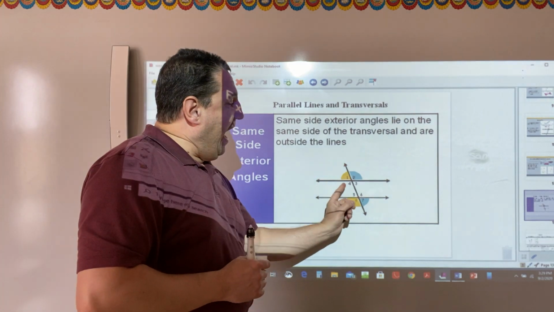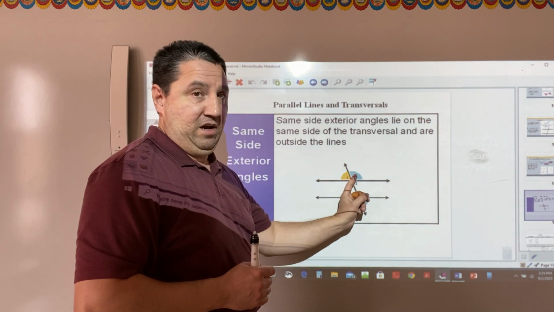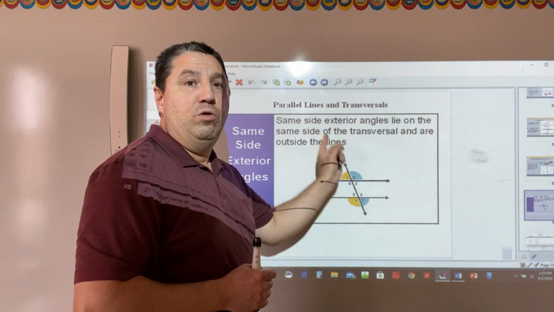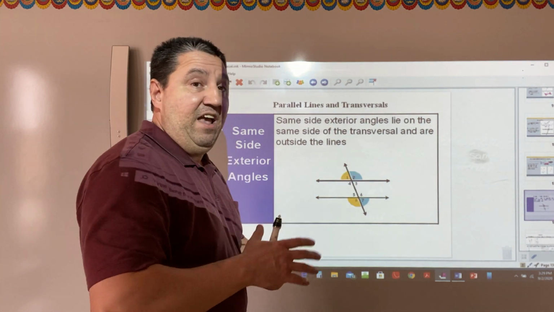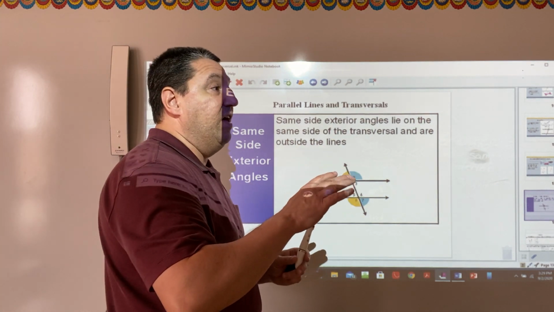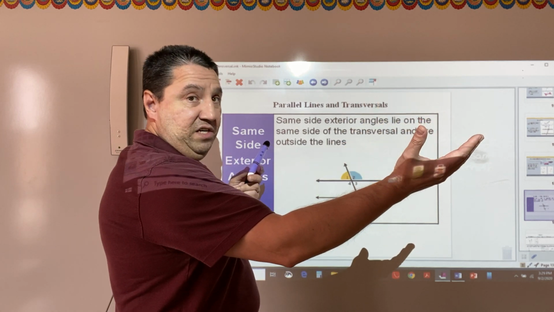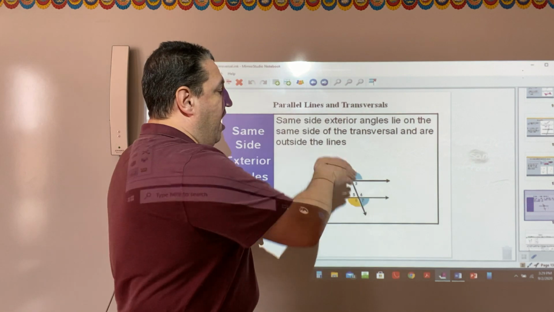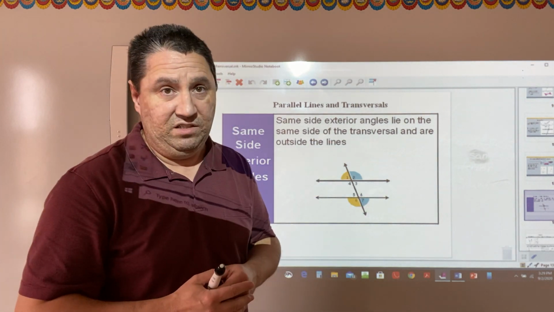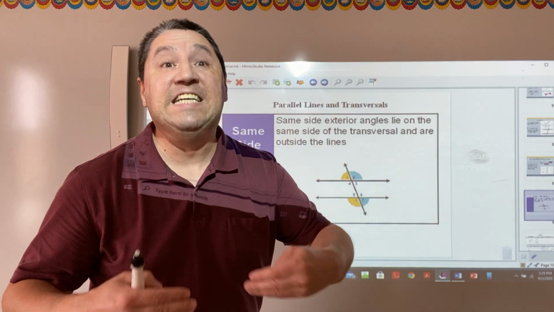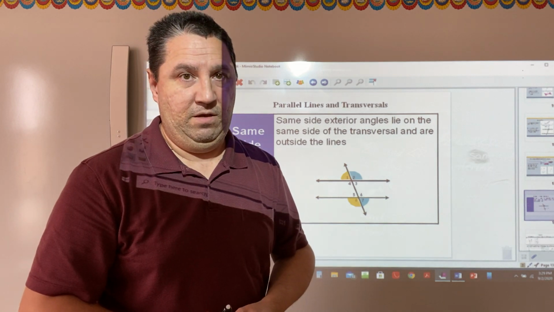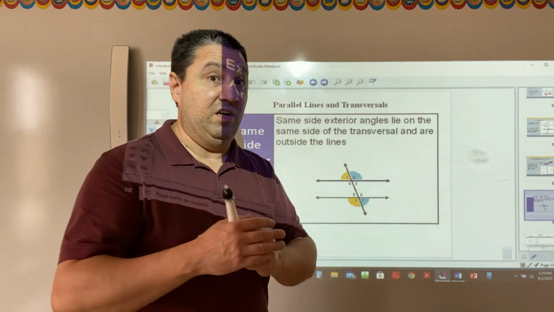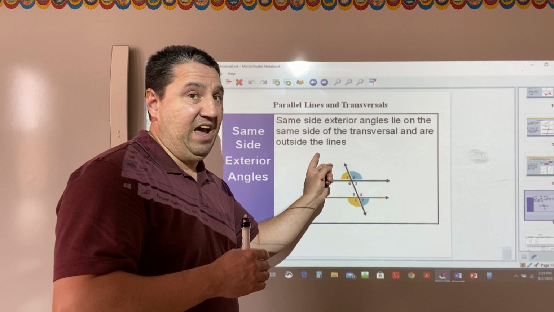Then you look at the position of the angles related to the transversal. If the angles are on opposite sides of the transversal, they are called alternate. If they are on the same side of the transversal, they are called same side, with one exception for corresponding angles.